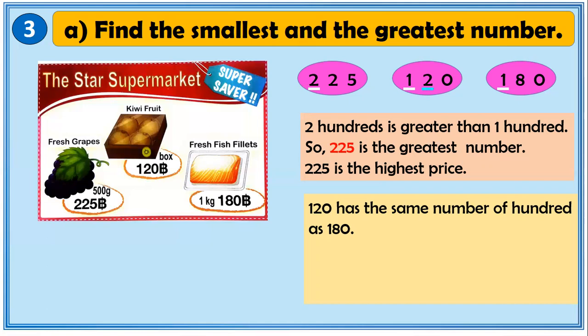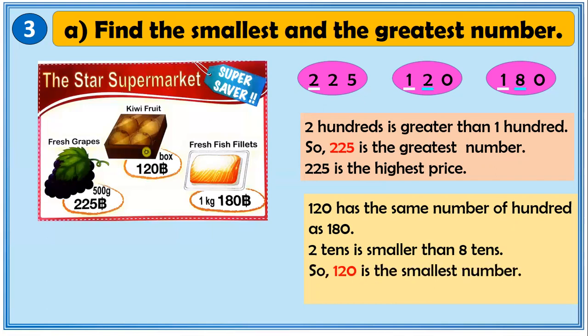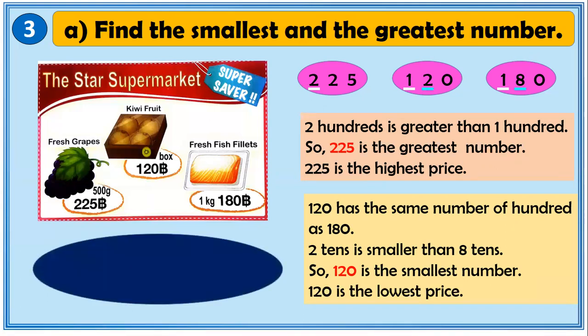So this one is 2 and the other one is 8. And we all know that 2 tenths is smaller than 8 tenths. Therefore, 120 is the smallest number, and it is also the lowest price. So again, 225 is the greatest number, and 120 is the smallest number.